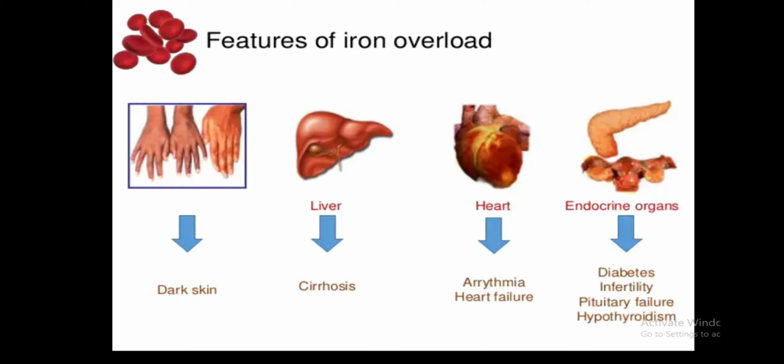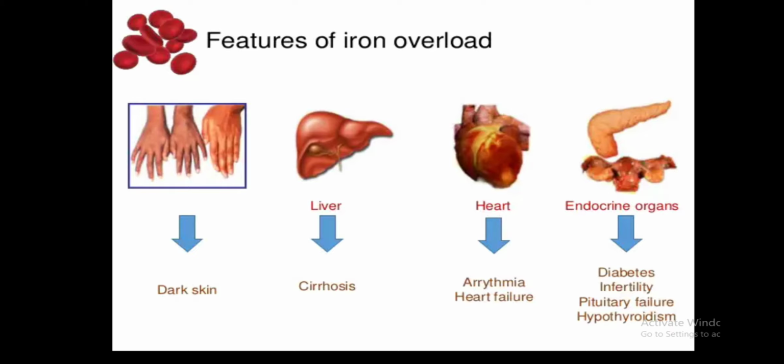As I said, when these children have anemia, they have to be transfused with blood, and recurrent transfusions can lead to features of iron overload. They can have dark skin, and deposition of iron in the liver can lead to cirrhosis. It can deposit in the heart to produce arrhythmias or heart failure.